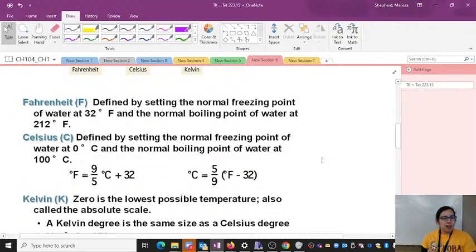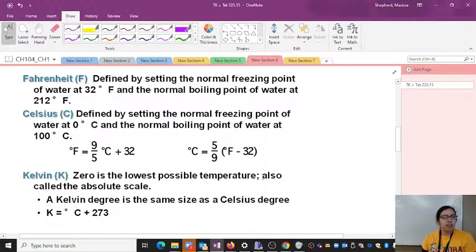Let's look at how you would convert between Celsius and Fahrenheit. We have two formulas here, so I would write these down. Temperature in Fahrenheit is equal to 9/5 times degrees Celsius plus 32.